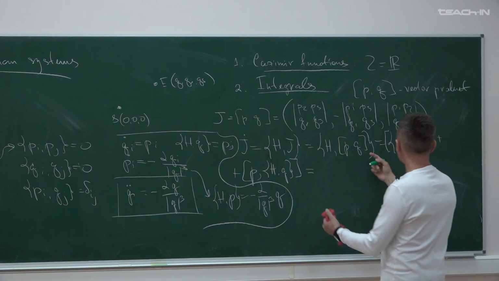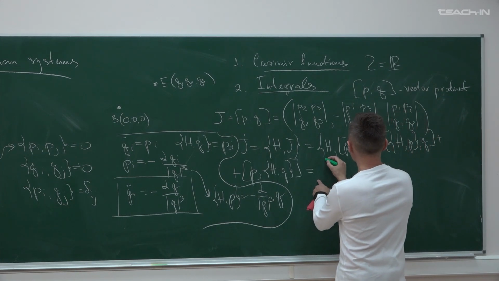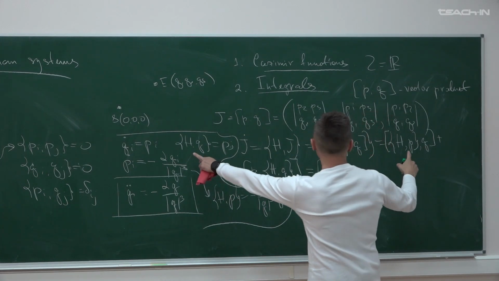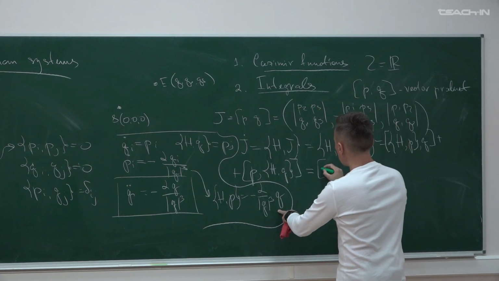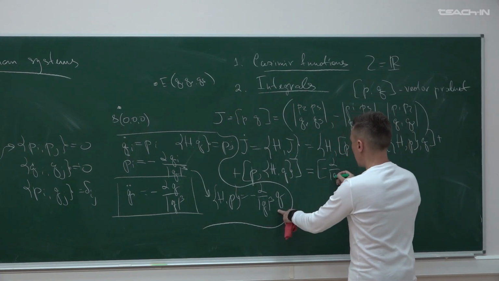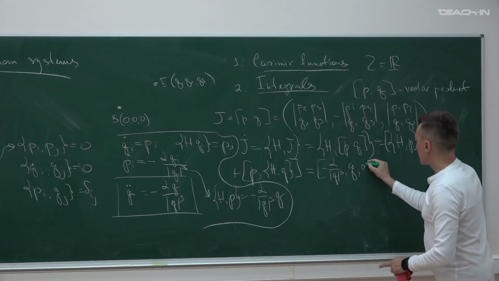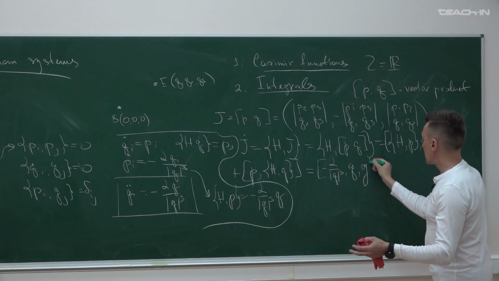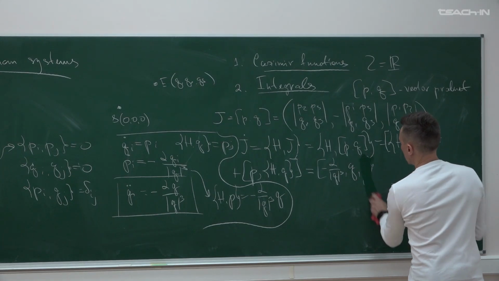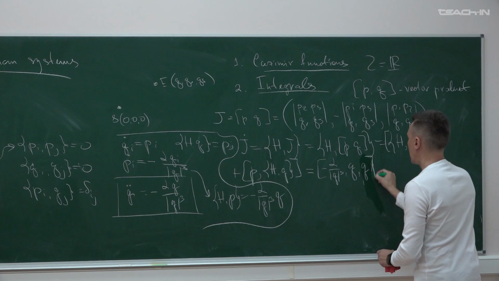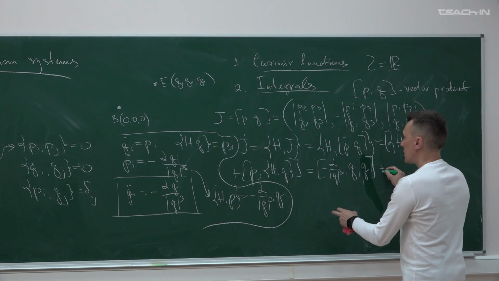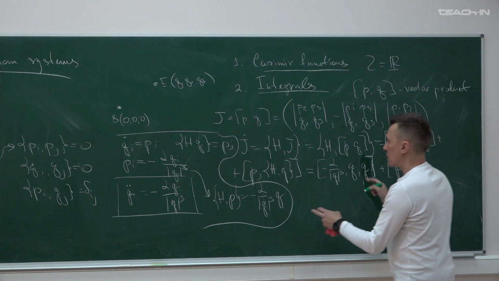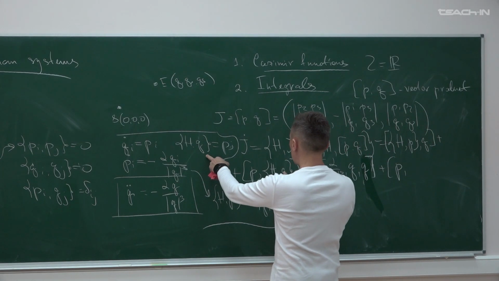It means that H with p is proportional to the vector q, minus alpha over q cubed, with the vector product with q. And the next term is plus p vector product H Poisson bracket with the vector q.